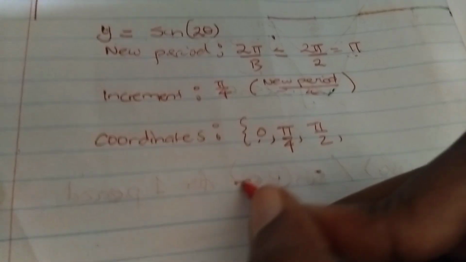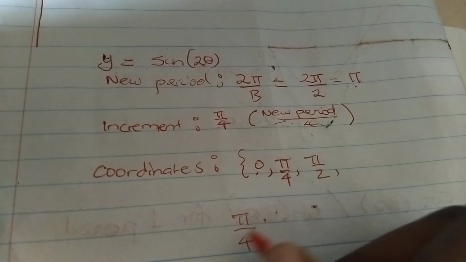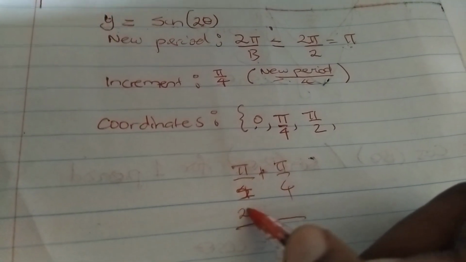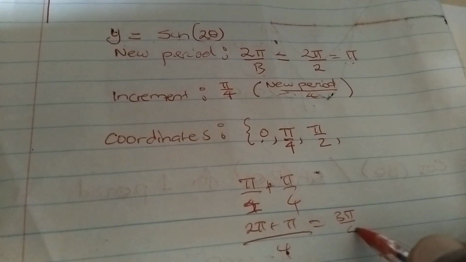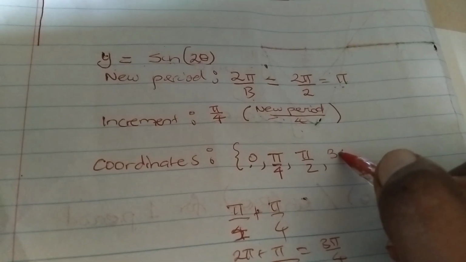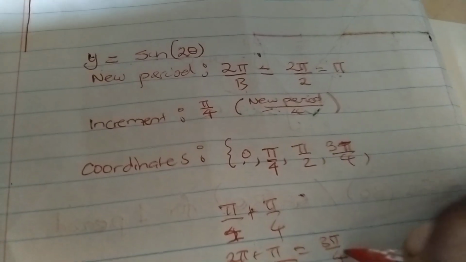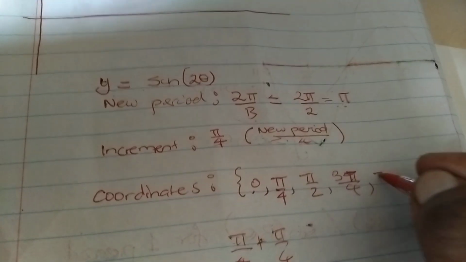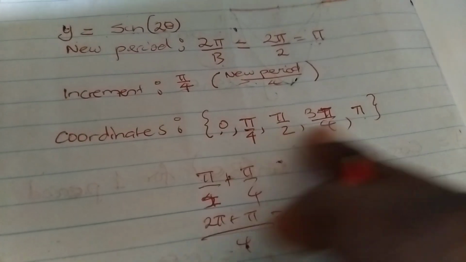Let's see what it gives us. Common denominator here. Then we have 2 pi plus pi, which is 3 pi over 4. So this is our fourth coordinate. 3 pi over 4. And lastly, 3 pi over 4 plus pi over 4 should give you 4 pi over 4, which is pi. So we have a complete wave from 0 to pi.